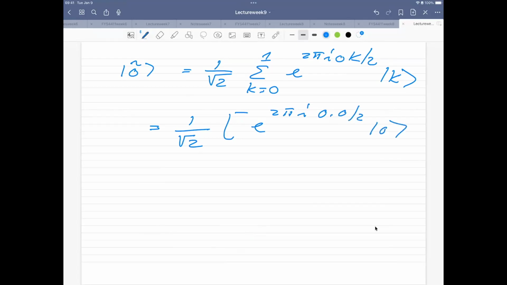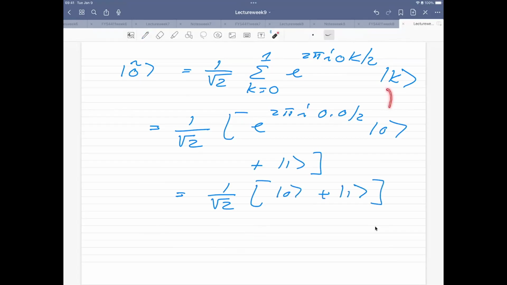So this is obviously equal to 1, the first term, plus, and then I have 0 again, so this is simply 1. That is going to be given by 1 over square root of 2, qubit 0 plus qubit 1. This k here is one of either this one or this one.